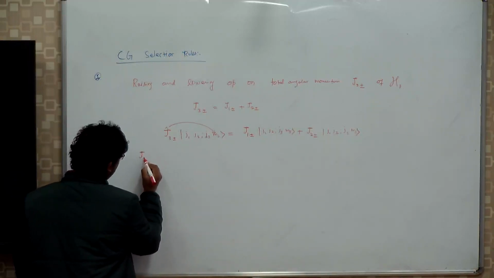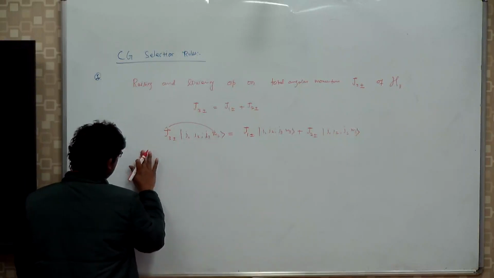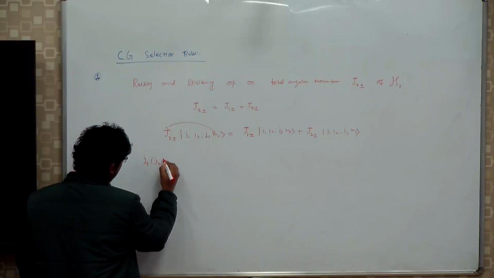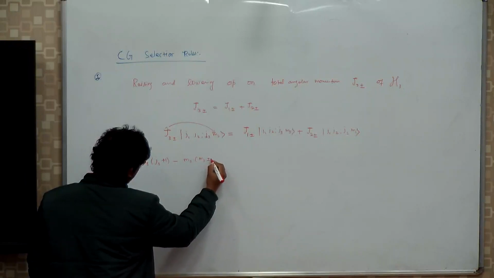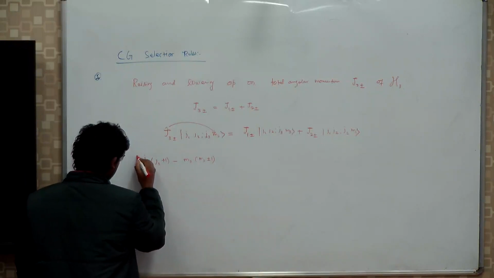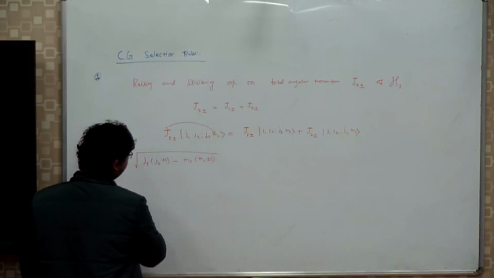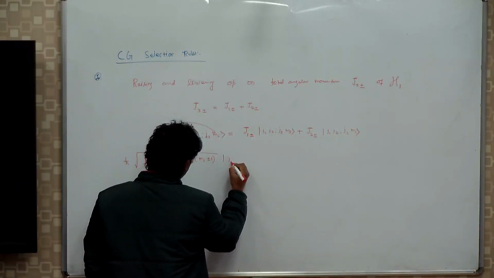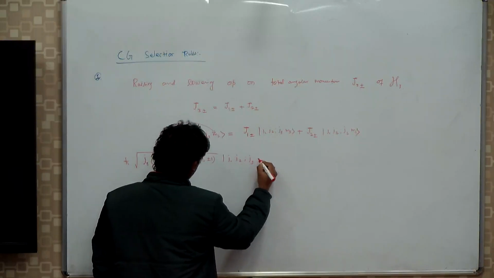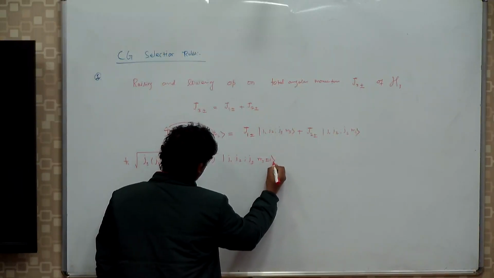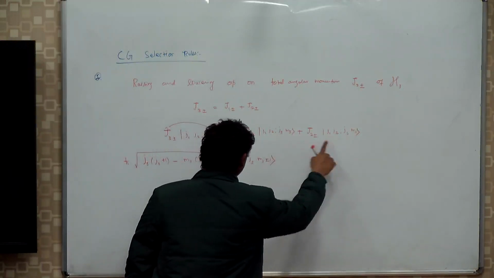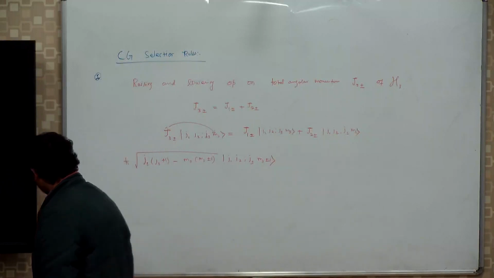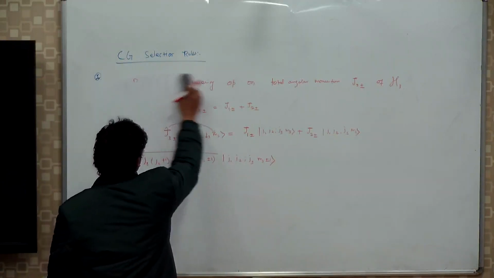So if J3 plus minus acts on this, we will get the square root of J3(J3 plus 1) minus M3(M3 plus minus 1), times h cross, then the state vector |J1 J2 J3 M3 plus minus 1>. This is no problem. So now we come to write this one. What will be the answer for this?